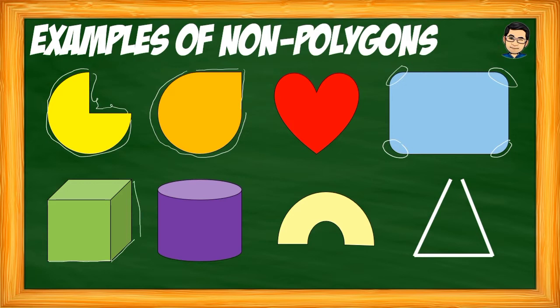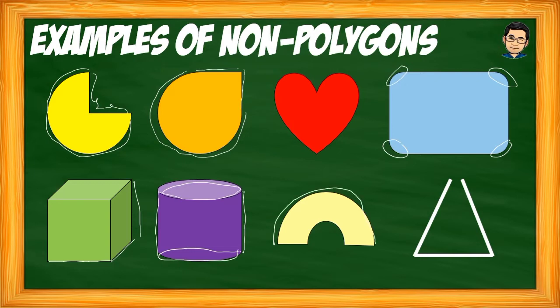So it is 3-dimensional. To be a polygon, it must be two-dimensional. And in the sixth figure, as you can see, its height is straight. However, its bases, the top and the bottom, are circular. As well as our seventh figure, that is curved.